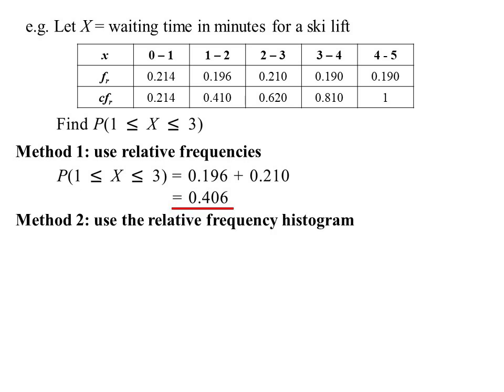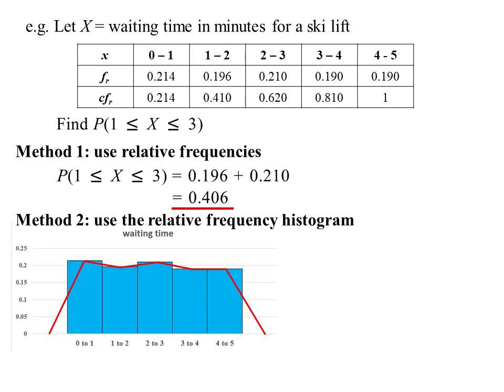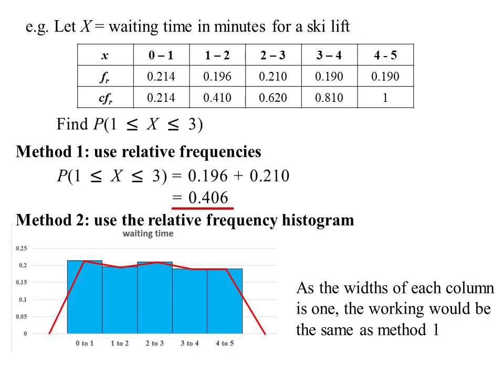I could use my histogram. Remember we looked at that idea of finding the area in the histograms. And so there's my histogram. I've also drawn the polygon as well. But the width of my histogram bars is 1, so that's fine. So really I'm just summing up the probabilities for the two that I want, which is the 1 to 3, and again we get 0.406. I could do it that way.